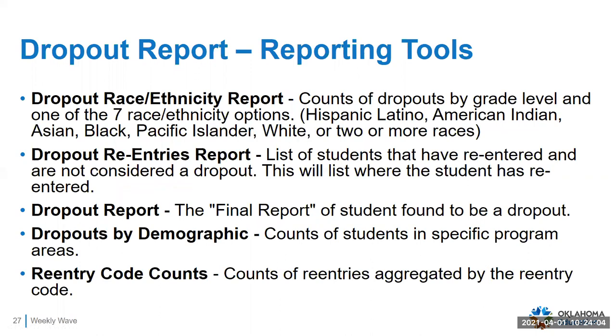For most of you, the thing that you have been asking us for, to our understanding, is the final report, where you have the list of students that could be found as a dropout. But we do have some grade grids available for you that break down by grade level and one of the 7 race ethnicity options for the number of students that have been flagged as a dropout, as well as making available the list of students that have re-entered your school site and are not considered a dropout.